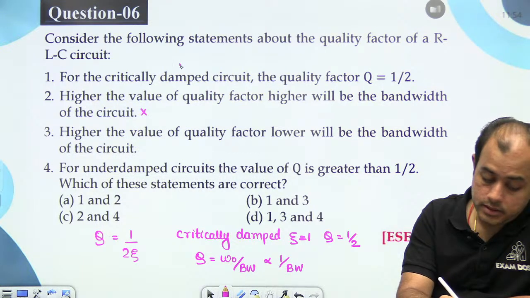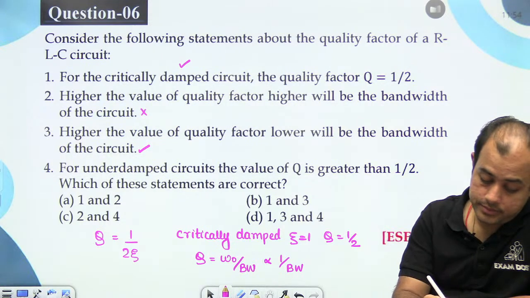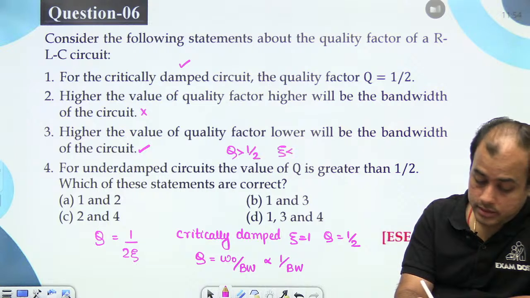So higher bandwidth wrong. Higher quality factor, lower bandwidth yes. Quality factor greater than half means zeta less than 1.